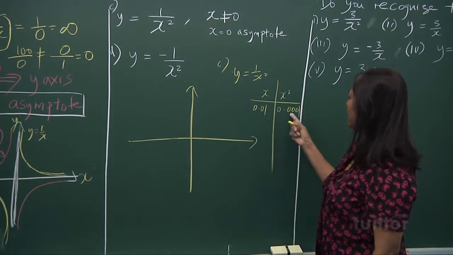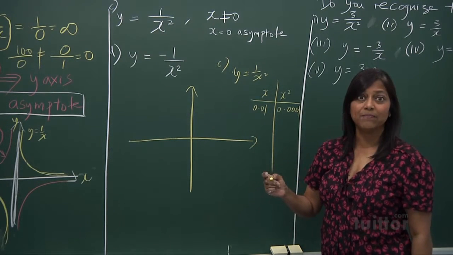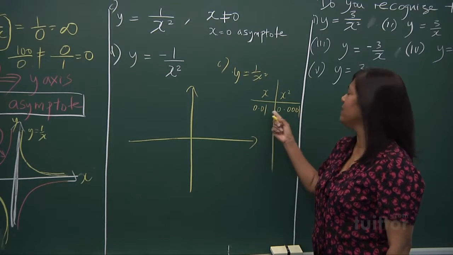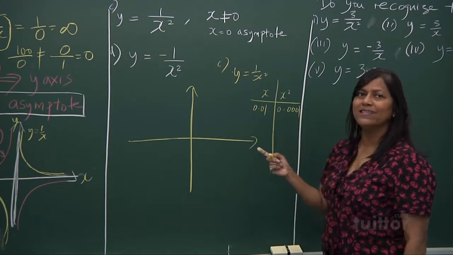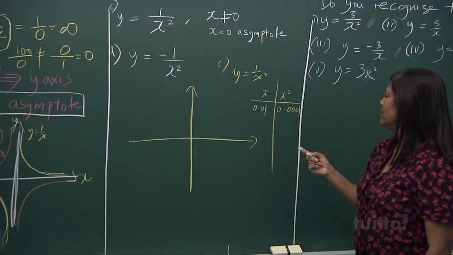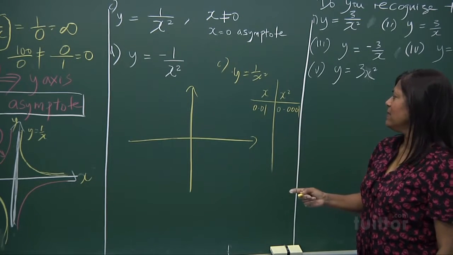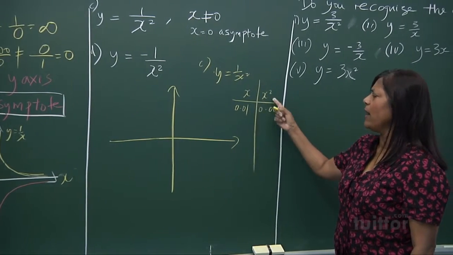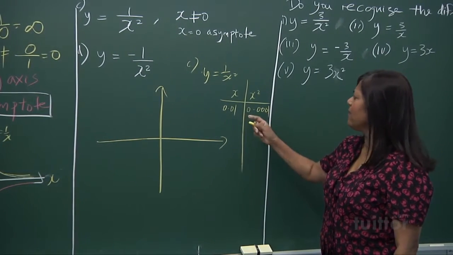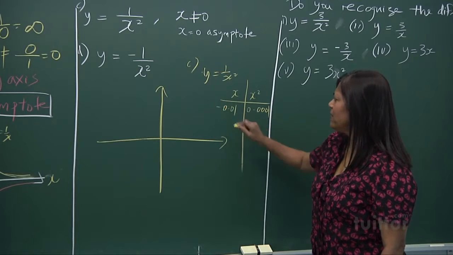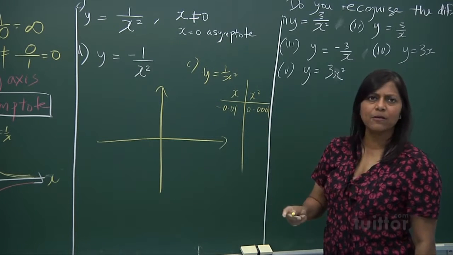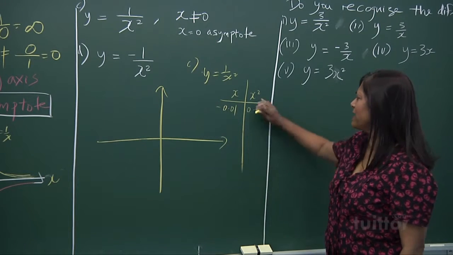All right, 2 decimal places become 4 decimal places. This 1 over 100 now becomes 1 over 10,000. So you can see, even if it's negative, when you square it, it's positive. Do you see it for the x squared?